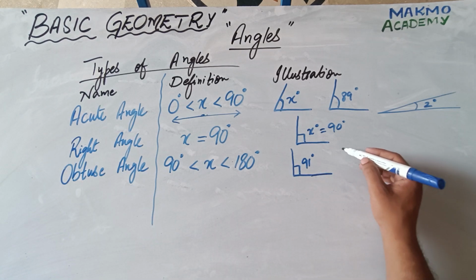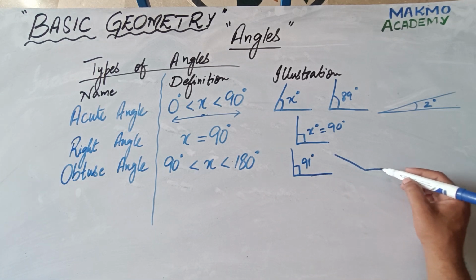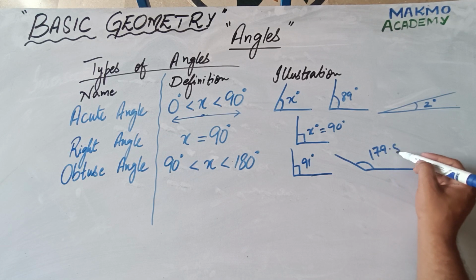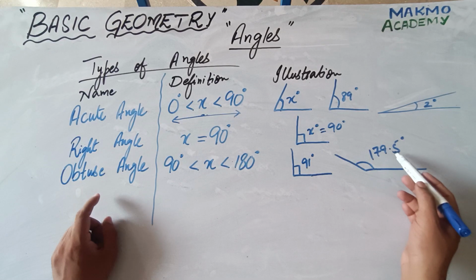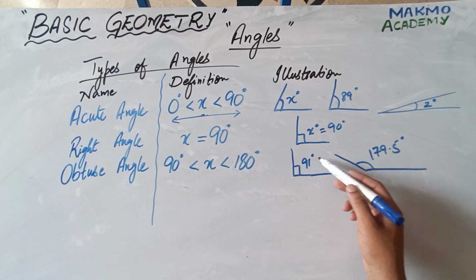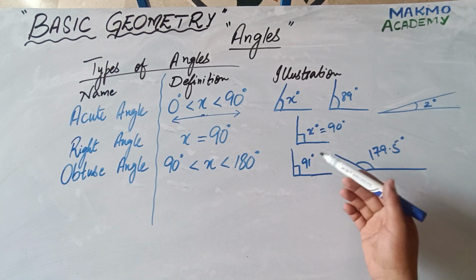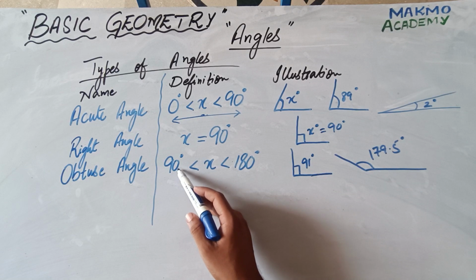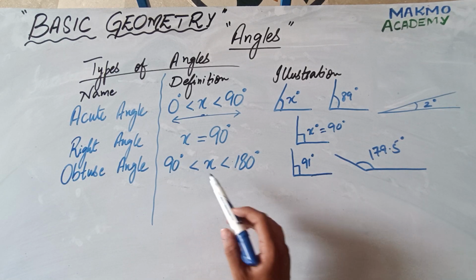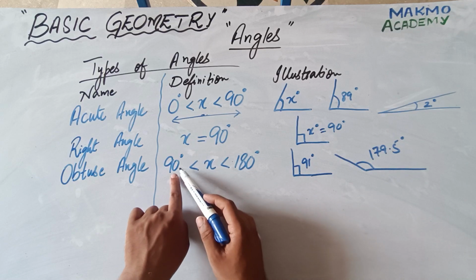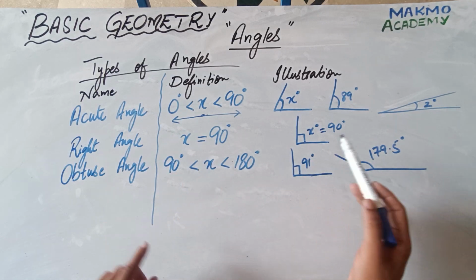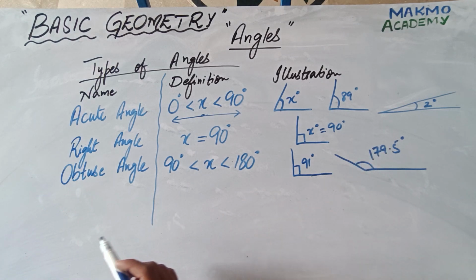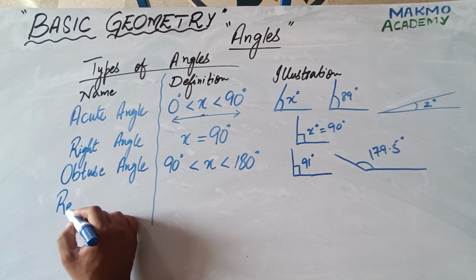And if the size of this angle is, for example, 179.5, again it would be an obtuse angle. In between these two values, greater than 90, it could be 90.01, 90.5, so again between these two values, greater than 90 and lesser than 180, all the angles would be called obtuse angles. And the last type is the reflex angle.